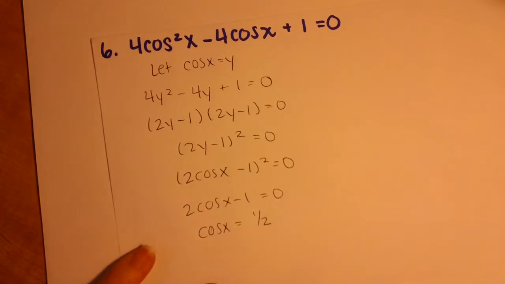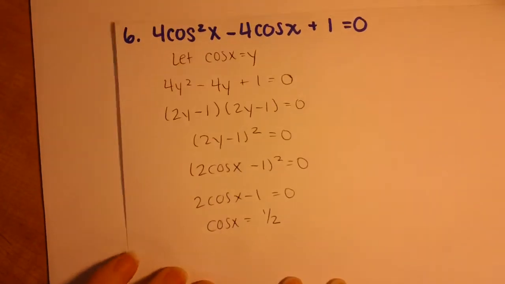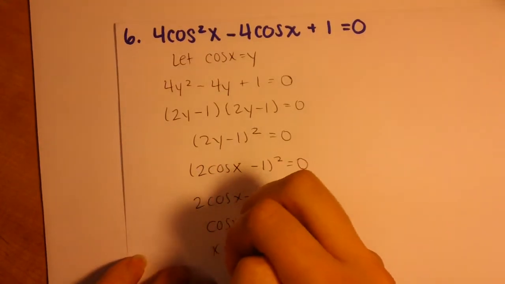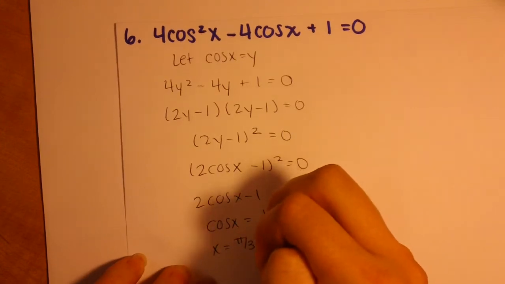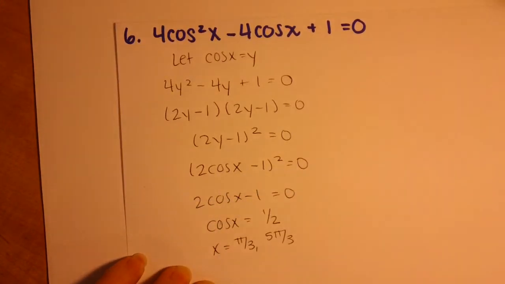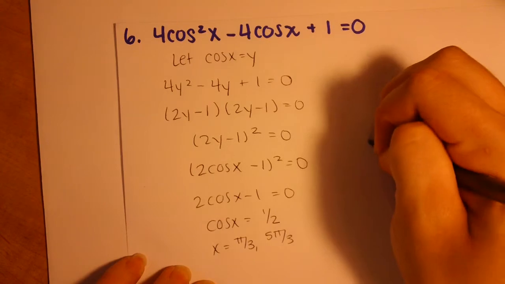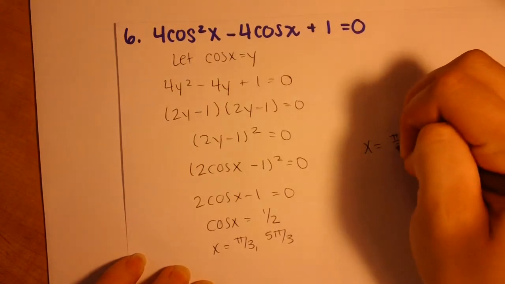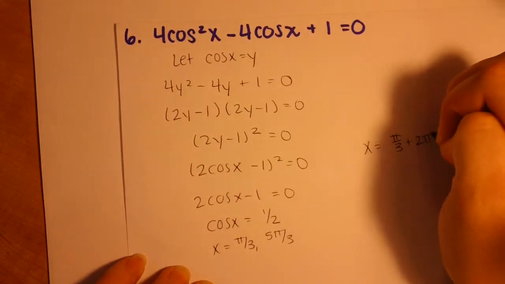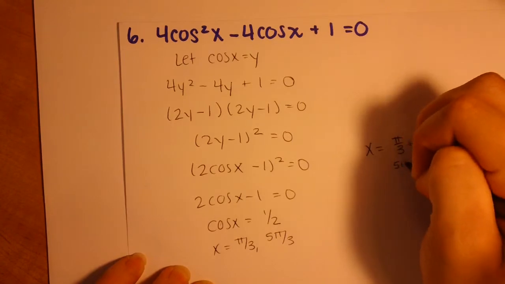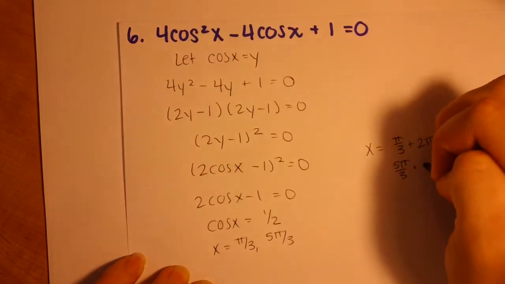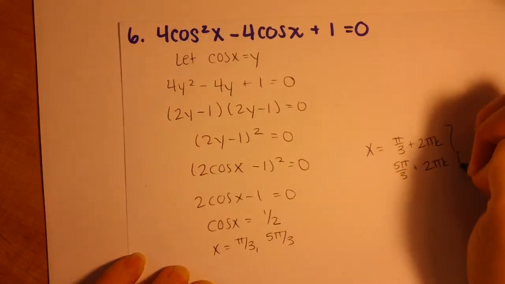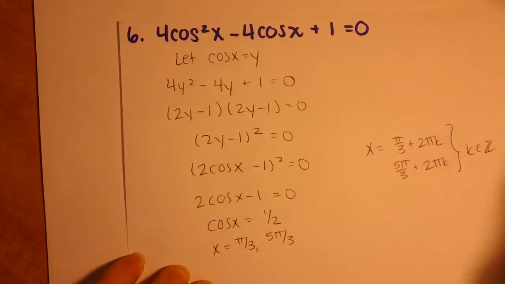And then we know that cosine of x equals 1/2 at pi over 3 and 5 pi over 3. So to state our final answer, including all values, we have x equals pi over 3 plus 2 pi k, and then x equals 5 pi over 3 plus 2 pi k. k is an element of Z.